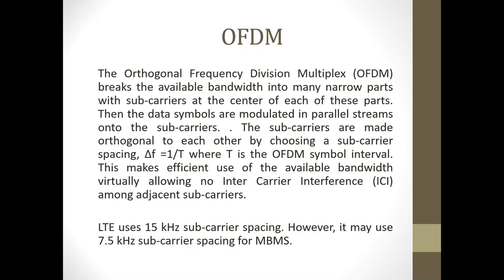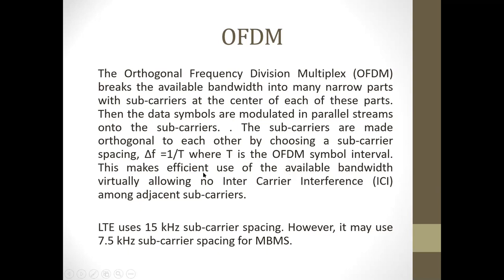When you transmit using multiple sub-carriers, you send symbols together. You time synchronize the symbol transmissions on all the subcarriers. Put symbols on all the different subcarriers in one symbol period, and then in the next symbol period again put symbols on all the subcarriers, on and on. So you have parallel streams onto the subcarriers.